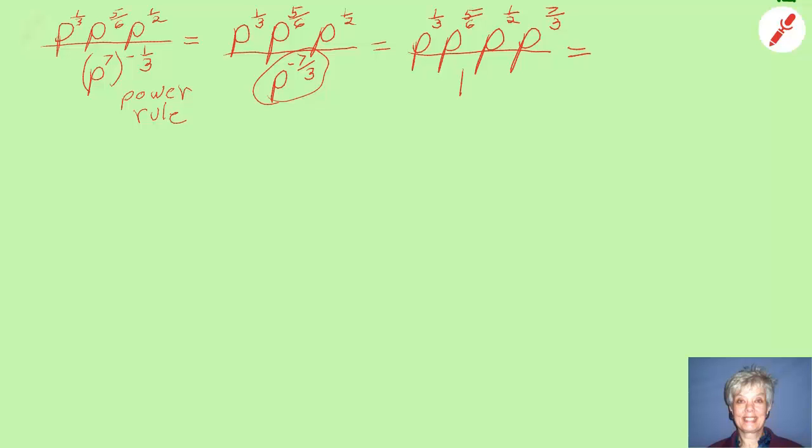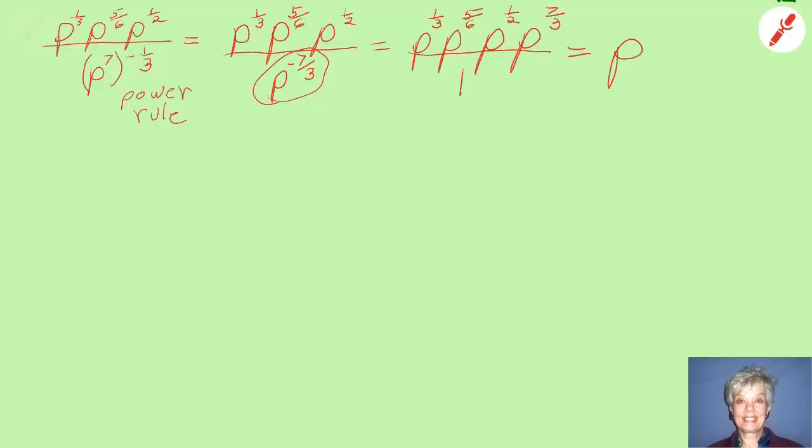Okay, now I'm going to use the product rule. Now notice that all of these are the same base, p. So when you multiply like bases, you add the exponents. That is the product rule. So that's precisely what I'm going to do.